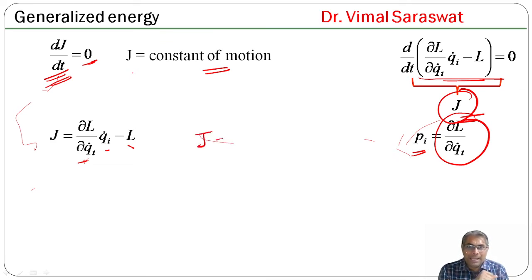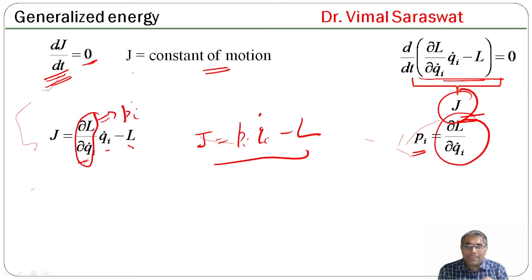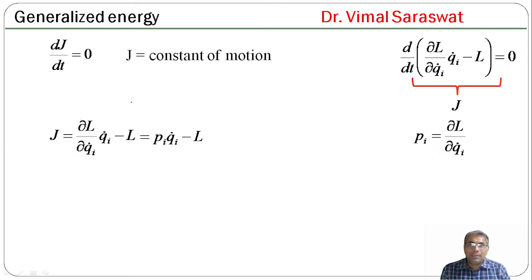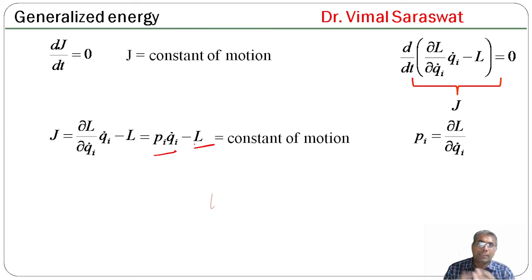It means J is equal to pi q̇i minus L, and this will be a constant of motion.